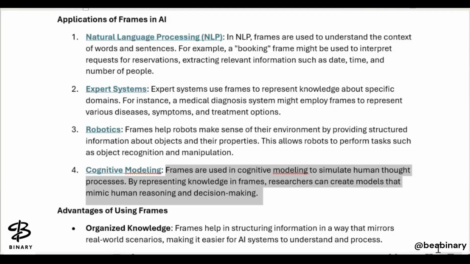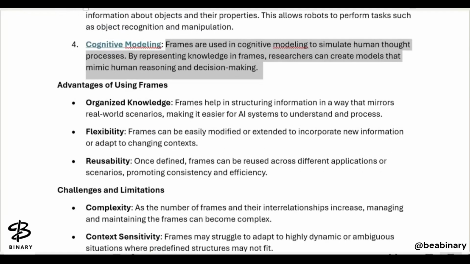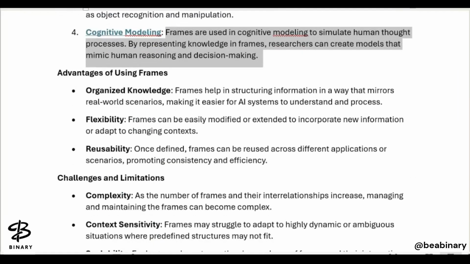So what are the advantages of frames? Organized knowledge, because now the data structure is more organized in the form of relationships and inheritance, because we are using a modular structure now. So the advantages of using frames are first the organized knowledge, and when we are talking about object orientation or modules, we are talking about reusability, and somewhere flexibility is also there.